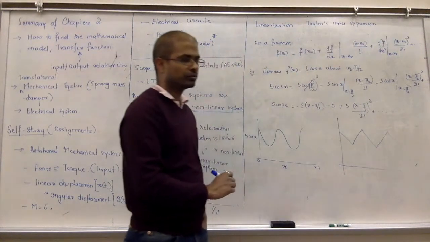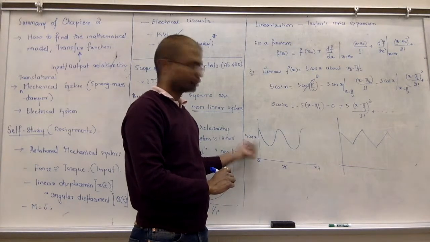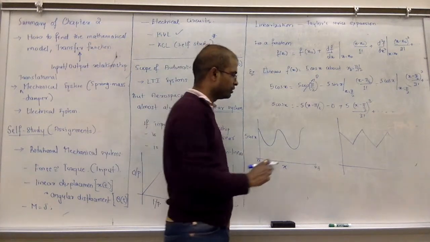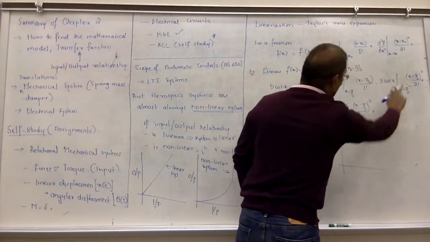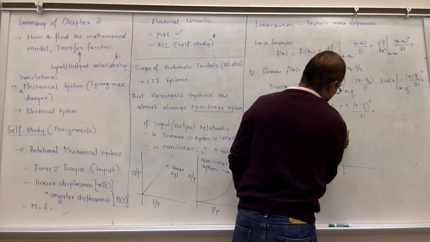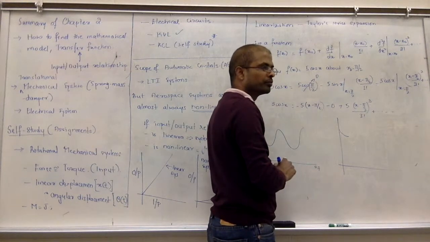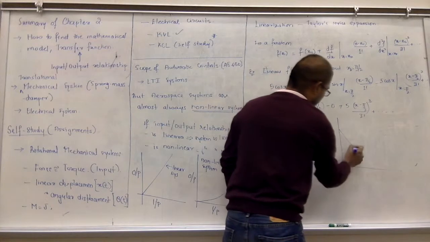Now why is 5 cosine x on the y-axis? That's the output side, so input output. It may not look like this exactly. It depends on how much you linearize, how many higher order terms you include. So I think this is better, and that's the reason I put this.